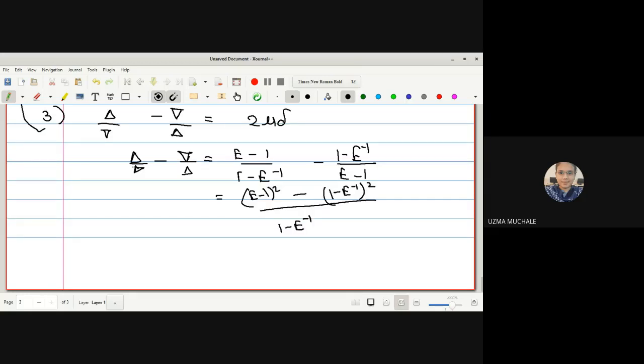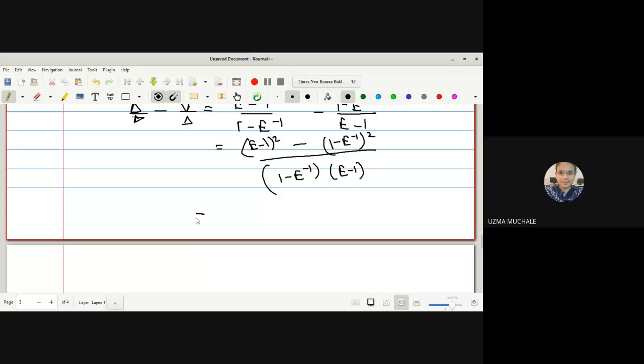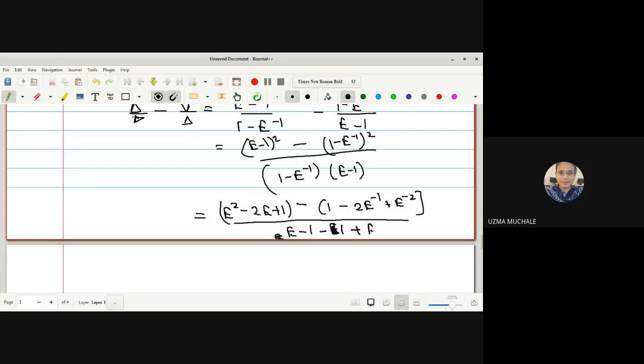The product of these two, 1 minus e raised to minus 1 into e minus 1. Numerator: e square minus 2e plus 1 minus 1 minus 2 e raised to minus 1 plus e raised to minus 2, divided by e minus 1 minus e into e raised to minus 1, that is 1 plus e raised to minus 1. Simply I am evaluating the terms which we have written.